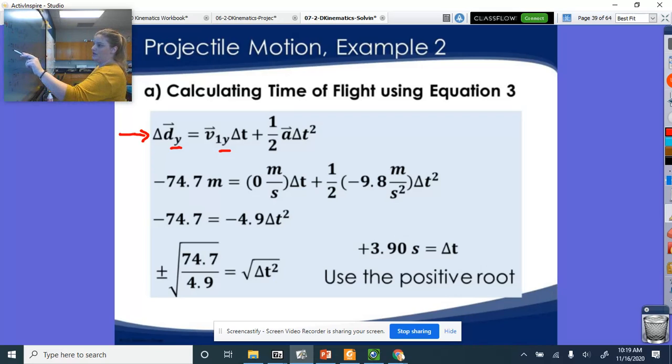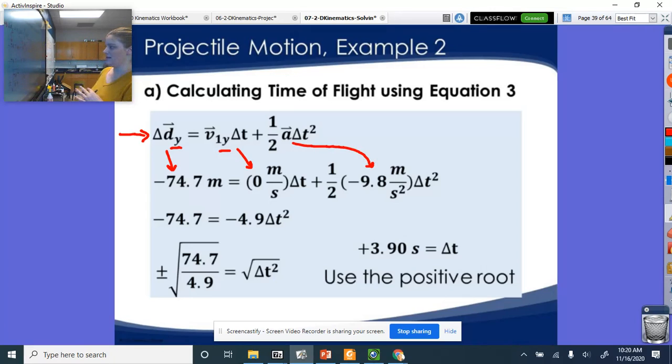So I have that I'm falling 74.7 meters, and because I'm going down from where I started, it's negative, at a velocity of 0 meters per second in the y direction. But here is my acceleration due to gravity, also negative because it's pulling me down.